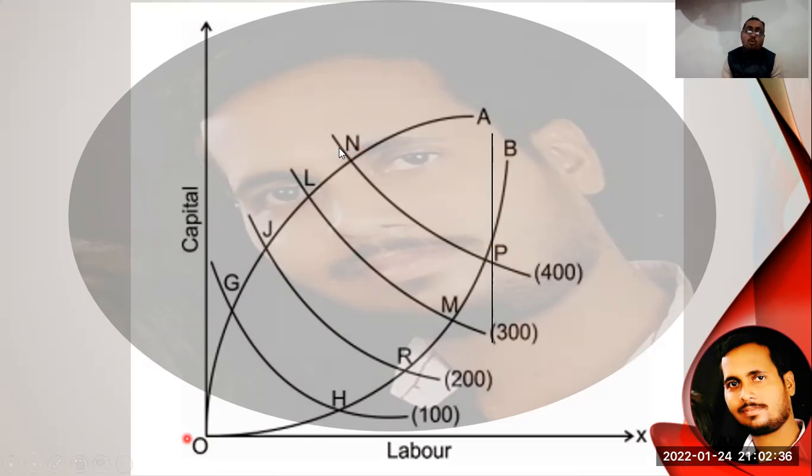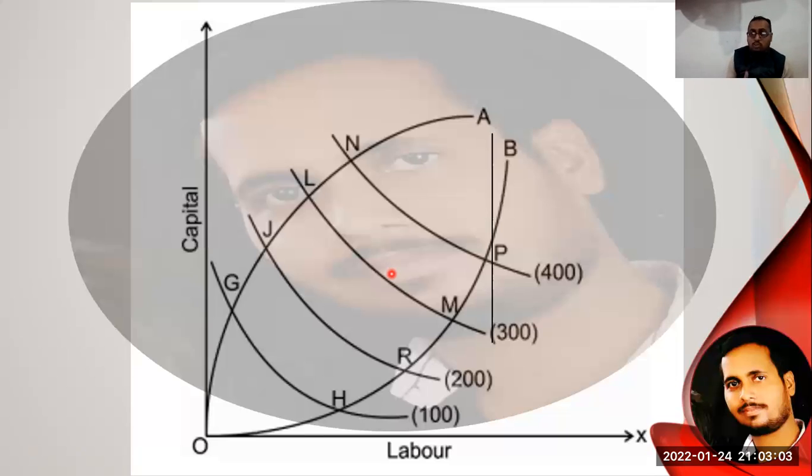Now OA shows the maximum limit of the capital because all those points are shown by the OA ridge line, and the OB line shows the maximum limit of the labor, because in this ridge line system, the limits of production are shown.